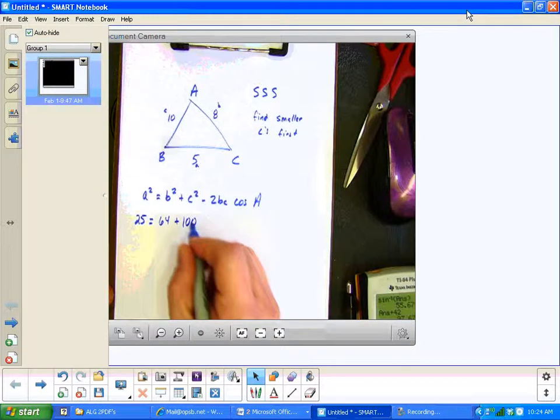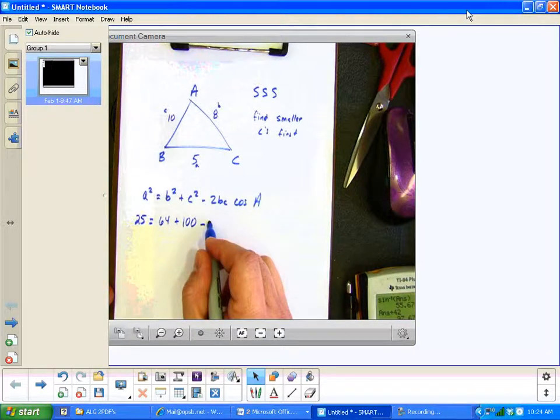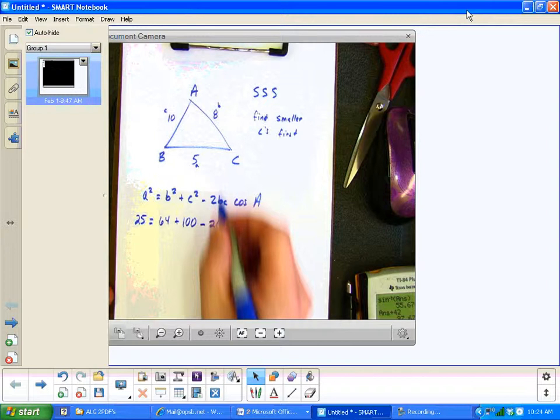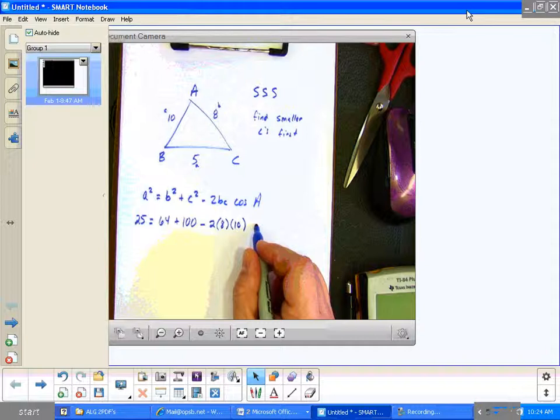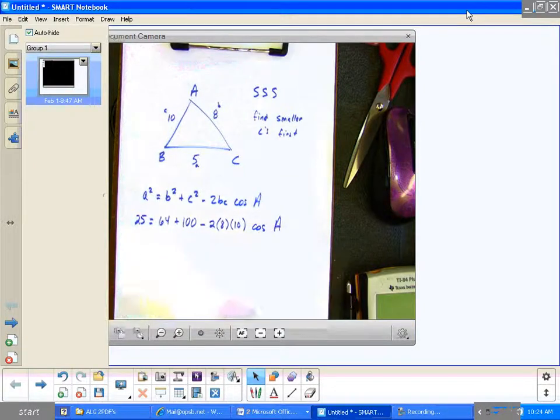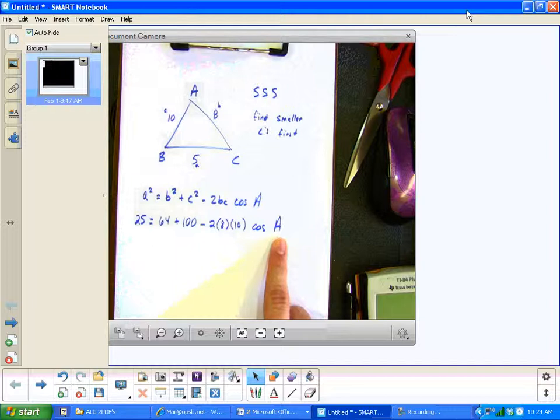Minus 2 times 8 times 10, I'm sorry, times cosine, and then this is what's missing, right? So here again, if we're missing an angle, the last step that I'm going to be doing is going to be the inverse cosine.